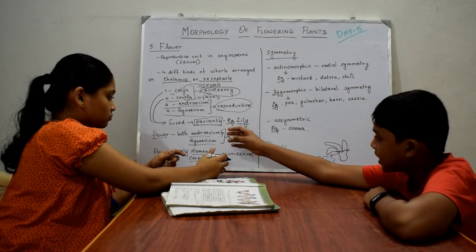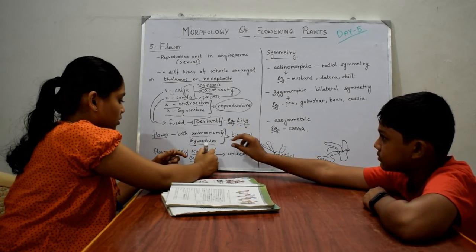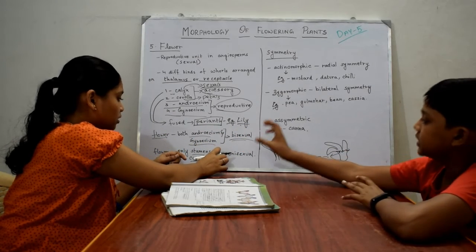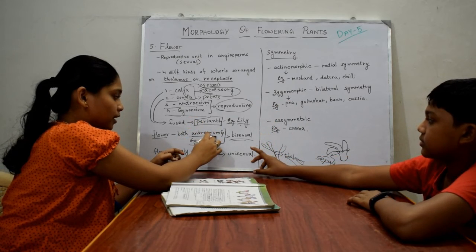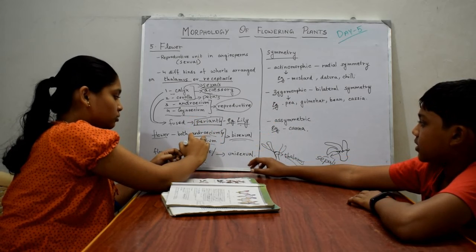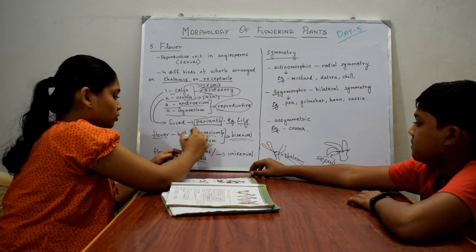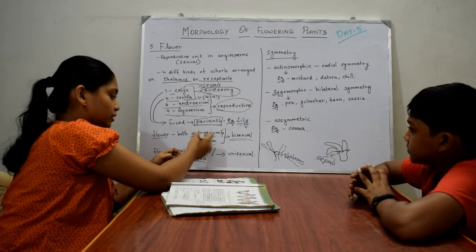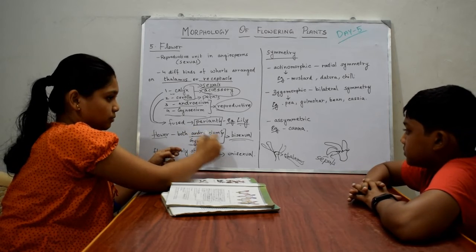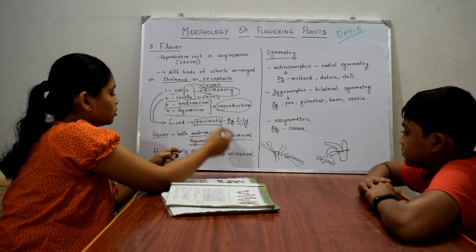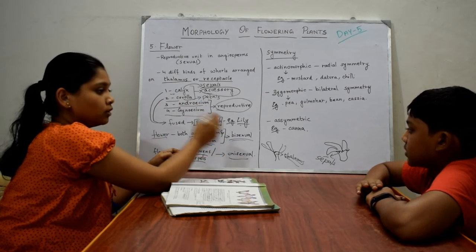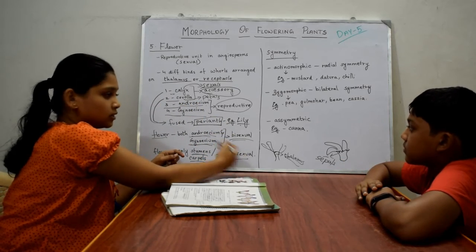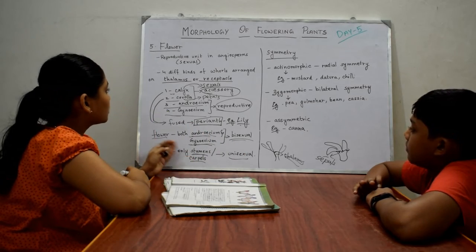Stamens are androecium, carpels are gynoecium. So if any one of these is present, it is unisexual, which means one sex is present in those flowers.